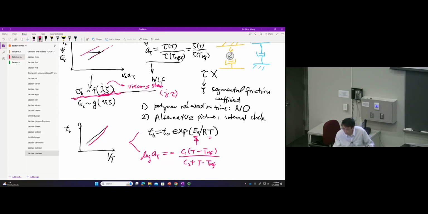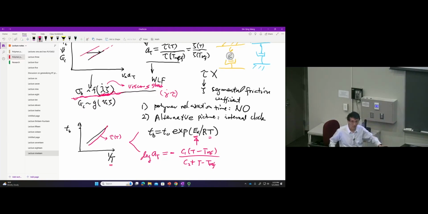So this is your polymer relaxation time according to WLF. They both have the general trend as you cool. If I plot it as 1 over T, the colder temperature is to the right.